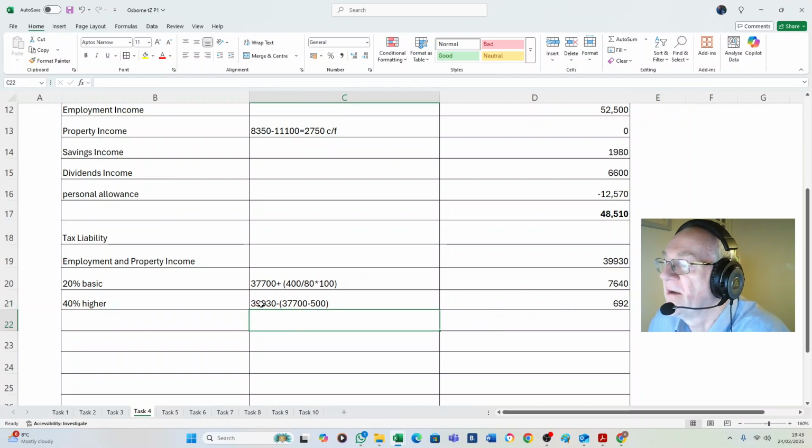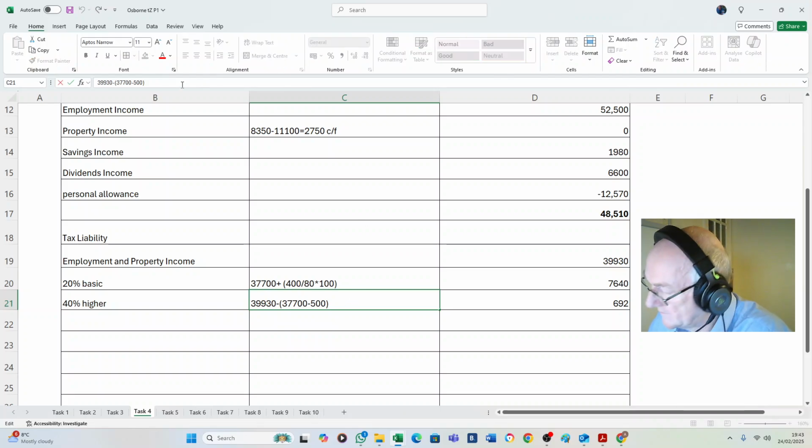So it's a 39,930, that's that figure, minus the extended basic rate band, and that amount at 40%. Again, it wouldn't do any harm if you actually showed here the number, which is, actually I'll need a calculator for that because I haven't got it here.